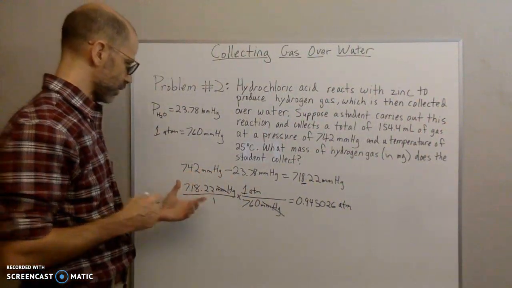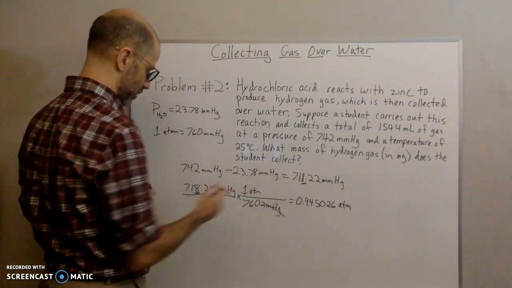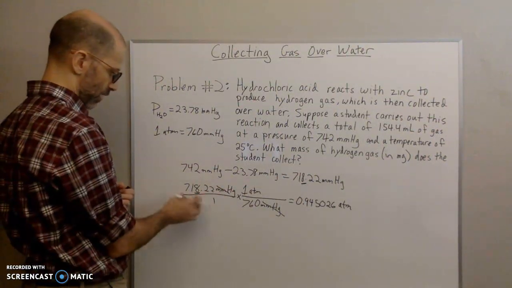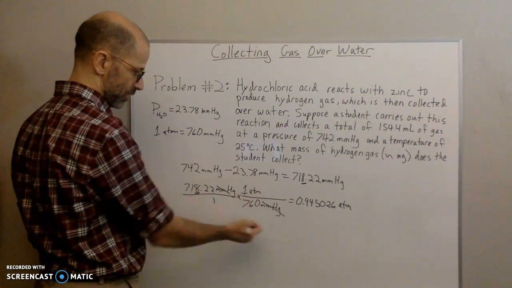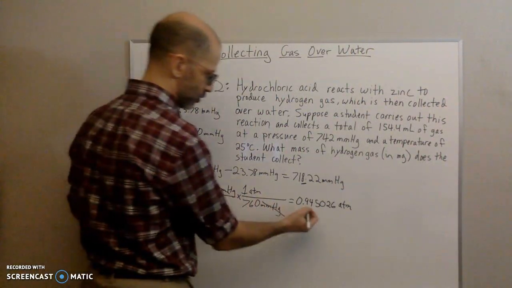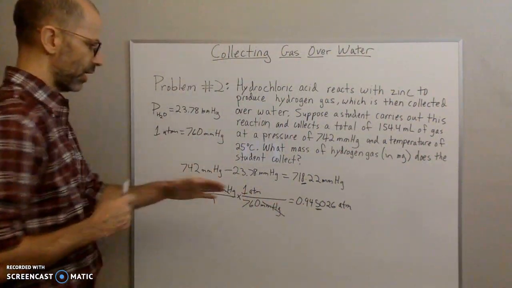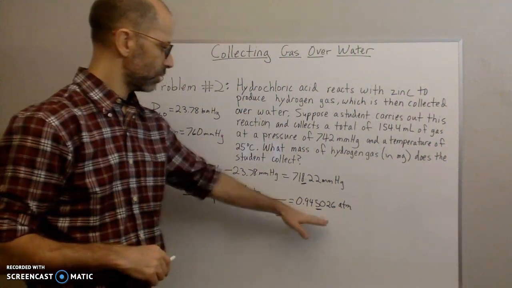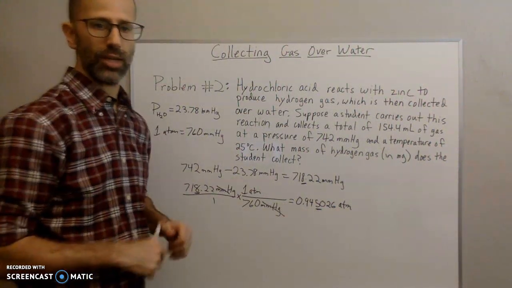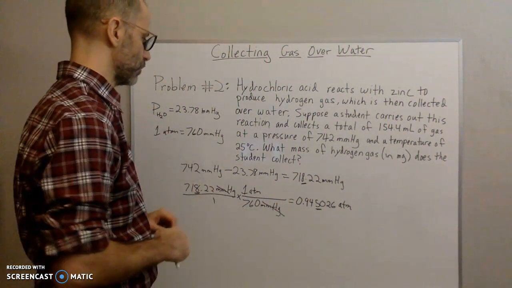Again, check my sig figs. I'm only allowed up to the 8 because 8 was my last sig fig. This is an exact relationship, so I don't need to worry about that. So 0.945 is where it stops, but I'm going to keep the extra digits because I have to use this in a further calculation and I don't want a rounding error.